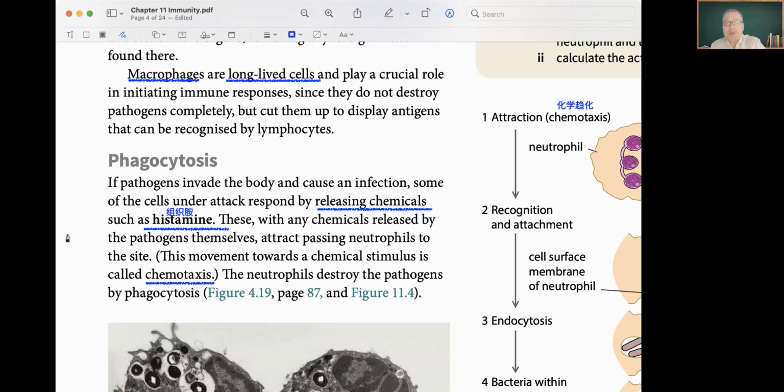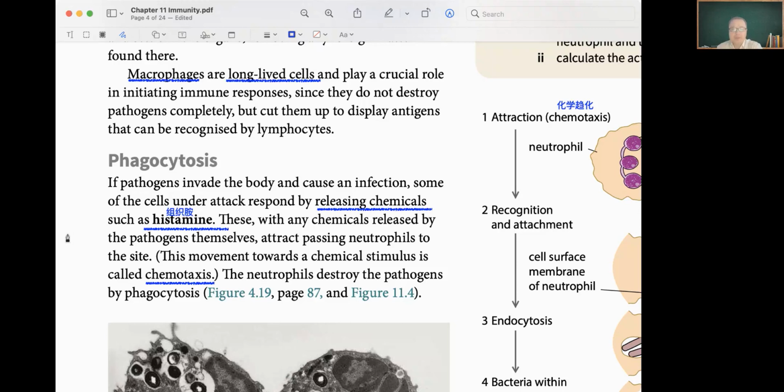What I'm talking about is, yes, it is very good for the human body to release histamine, 组织胺, because histamine is a kind of chemical that attracts the neutrophils to the site.